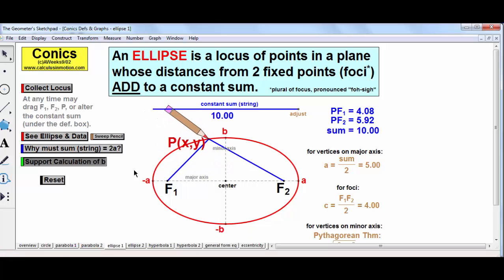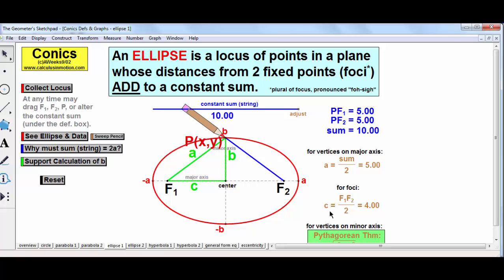Now, here's the really cool part. Since we know the string is 2a, we know this hypotenuse of this triangle right here has to be a, that's half the string. We already defined b as the distance from center to a co-vertex, and c is the center to the focus. So we've got this Pythagorean theorem situation, except it's a little demented.